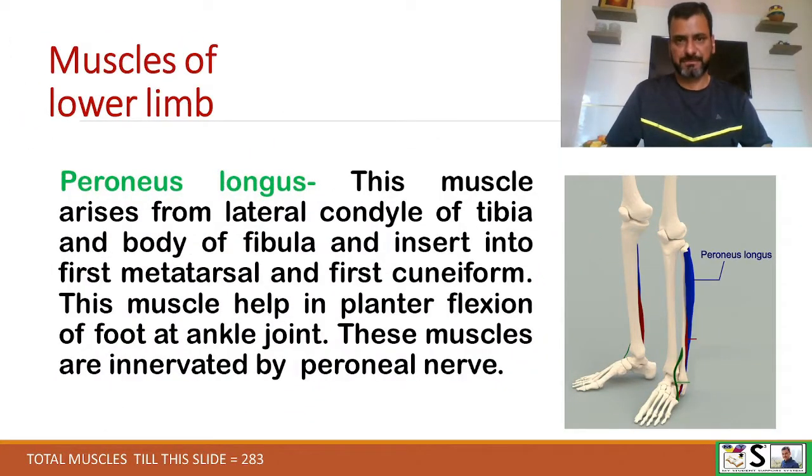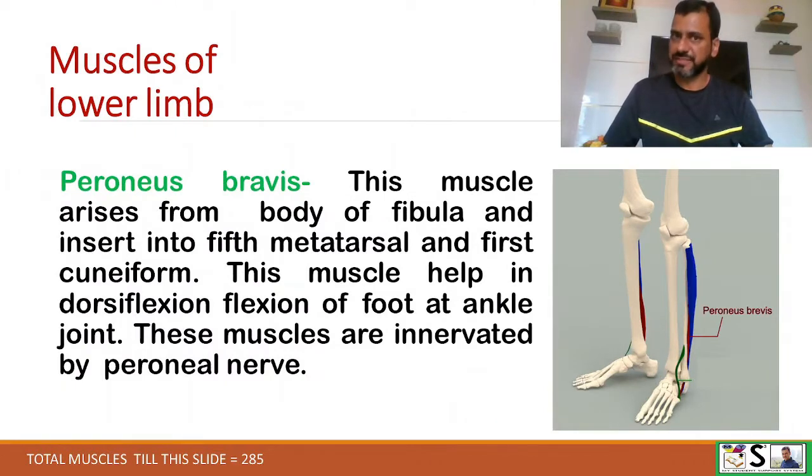Peroneus longus. This muscle arises from lateral condyle of tibia and body of fibula and inserts into first metatarsal and first cuneiform. This muscle helps in plantar flexion of the foot at ankle joint, and these muscles are innervated by peroneal nerve.